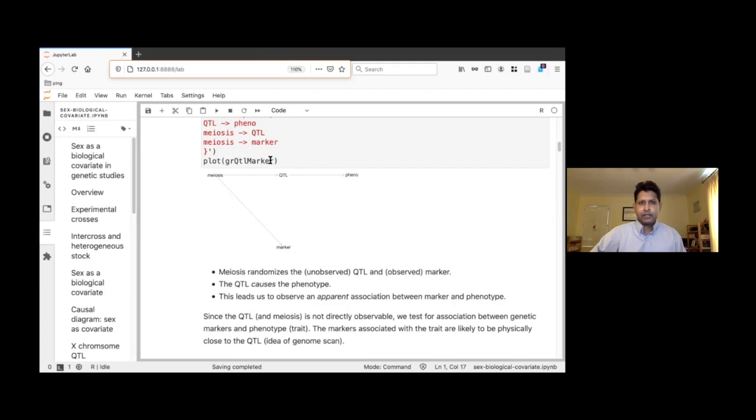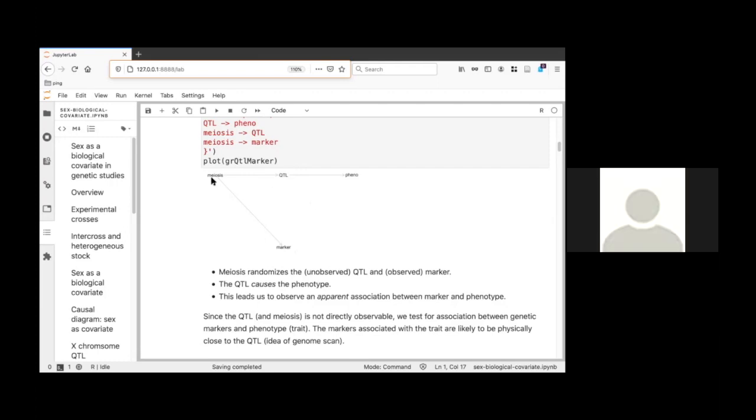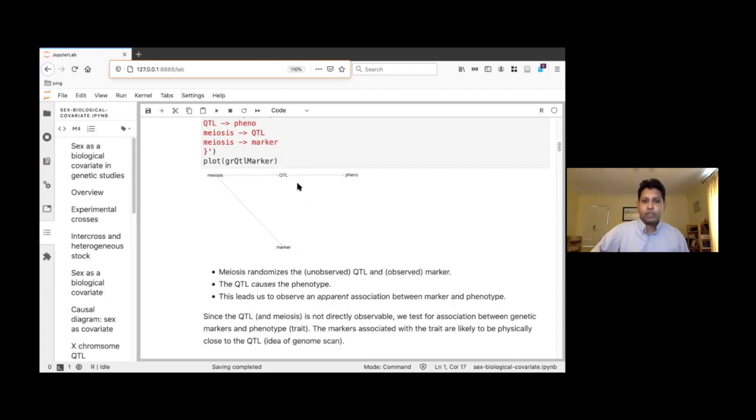You don't directly observe it. What you know is that the process of meiosis on that chromosome is what caused the state of both the QTL, the locus that is contributing to the trait, as well as the marker on the same chromosome.